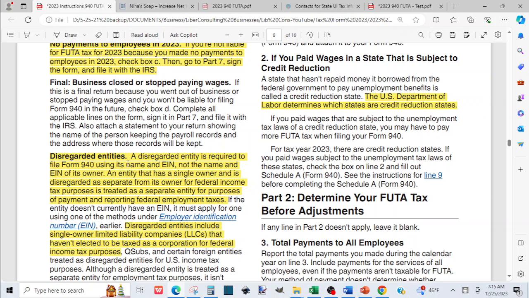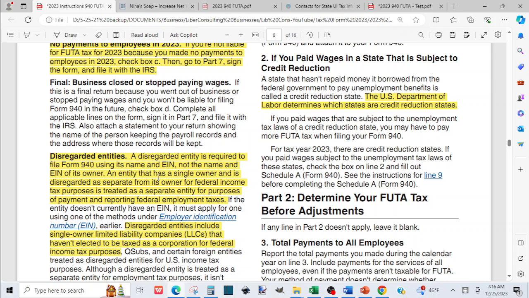And for a single member LLC, you will use the business name and the business EIN, not the owner's name or the owner's EIN. So a disregarded entity is required to file Form 940 using its name and EIN, not the name and the EIN of its owner.